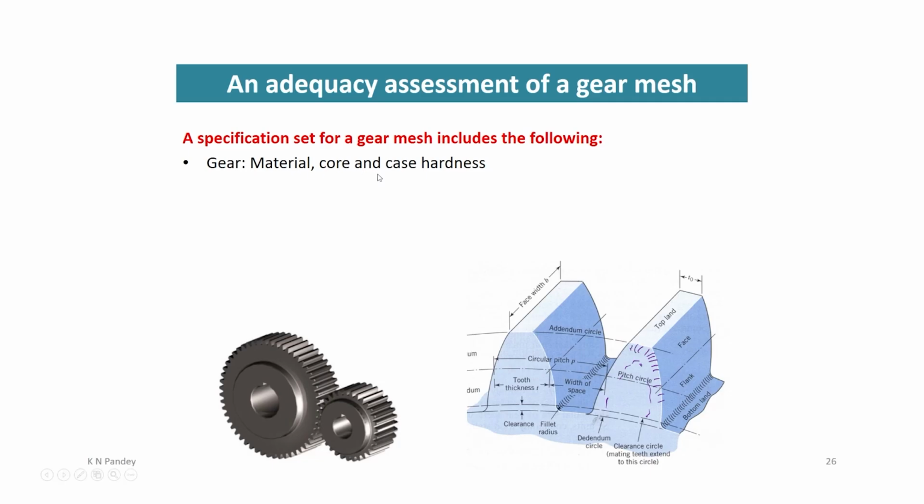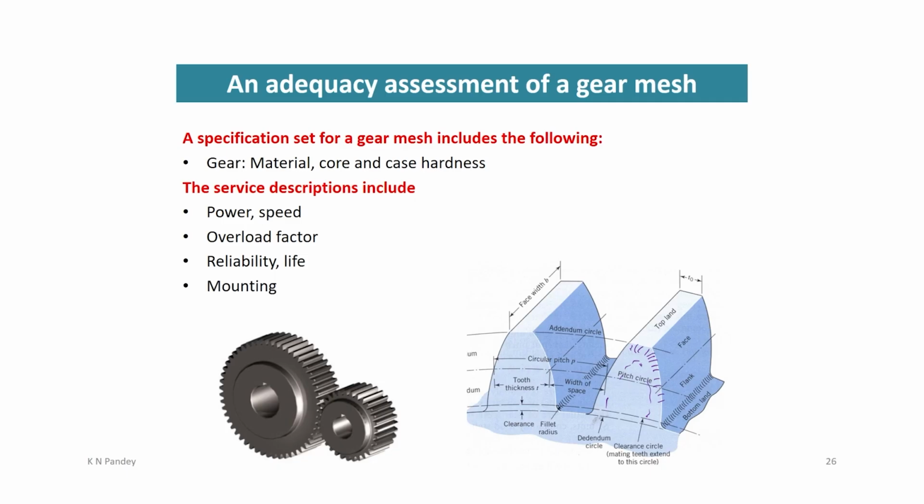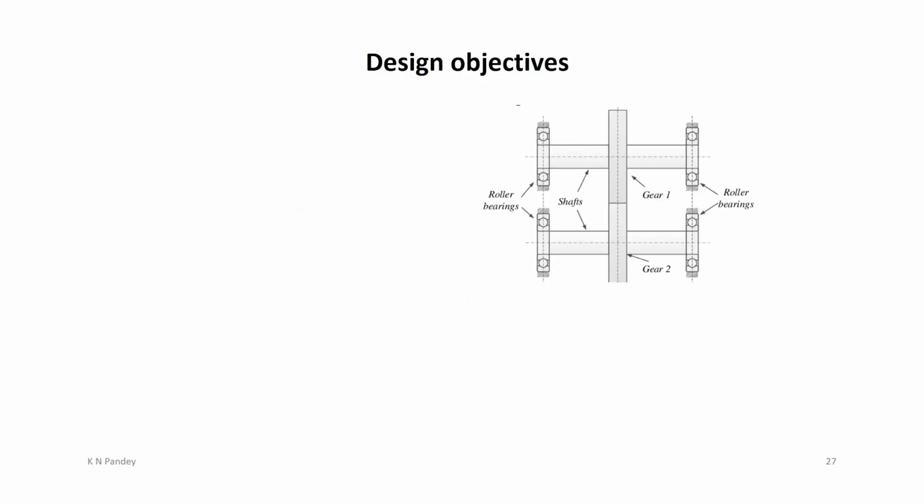So, material, core and case hardness is very important, and the service description includes the power which we want to transmit, at what speed, what will be the overload factor, what reliability is required, what life is required, what are the mounting methodologies, and the face width, which is recommended as 3 pi times module to 5 pi times module.